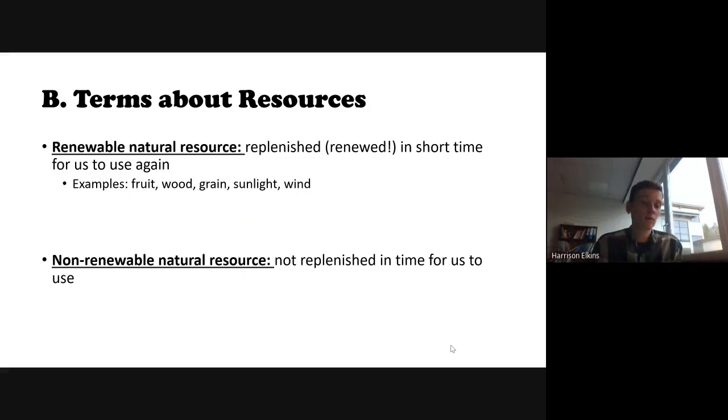A non-renewable natural resource is something that is not going to be replenished or renewed in time for us to use. Examples like this are coal, oil, fossil fuels, things we dig up out of the ground. Yeah, we're going to be digging up oil and drilling and mining for coal in the earth.